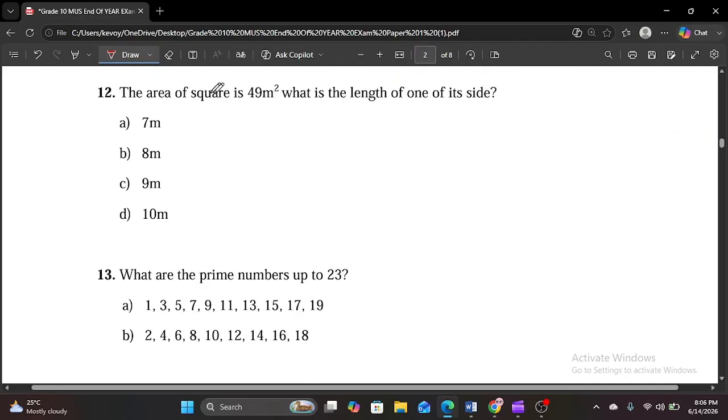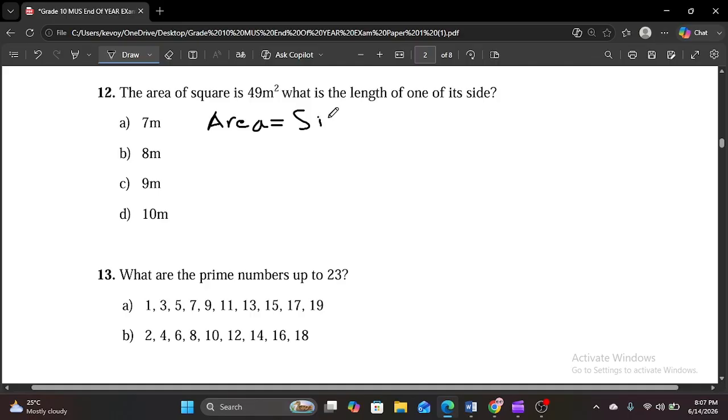Question 12, the area of a square is 49 meters squared. What is the length of one of its sides? All right, so the area of a square is equal to side times side.